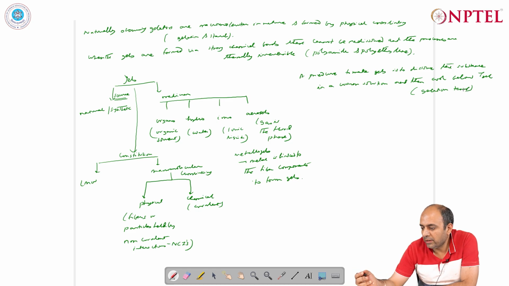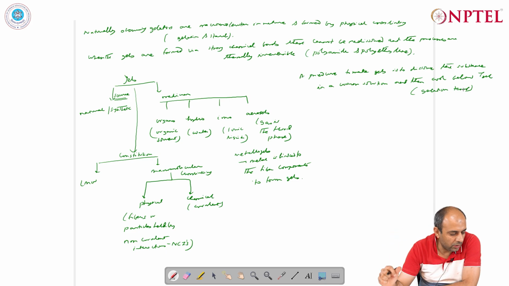And above this temperature, if you heat the substance, then it converts into the solution phase. The gel state is lost and it converts into the solution phase, and that is referred to as a gel to sol transition. But typically, if you want to prepare a gel, you dissolve it in a suitable solvent, warm it up and then cool it slowly below the gelation temperature, and this leads to the formation of a gel.